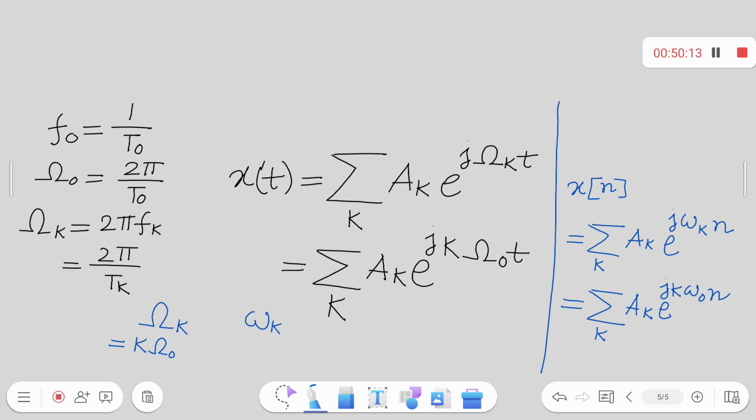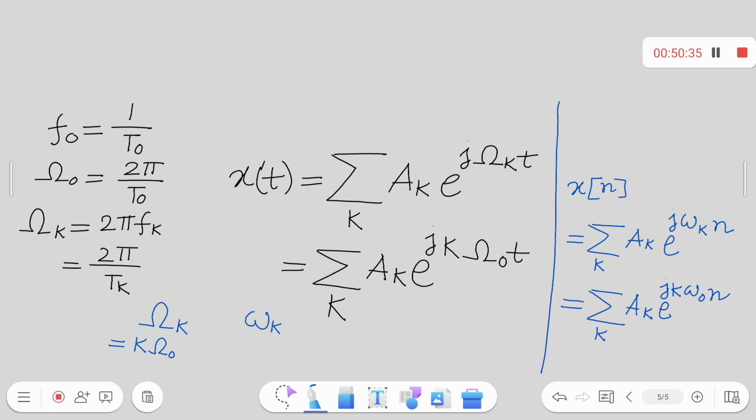Suppose you would like to represent one signal whose frequency is, say, 10 Hz. Any 10 Hz periodic signal, not necessarily a sinusoid.